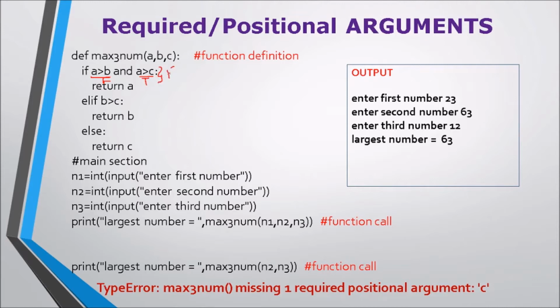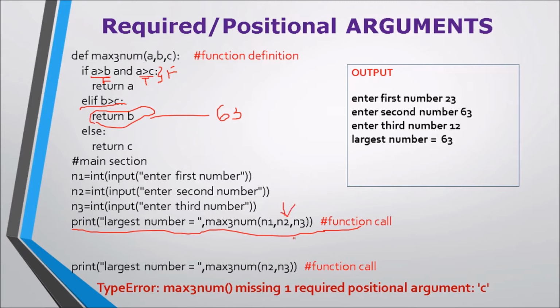So this statement is not executed. The control comes to this statement. Now it checks whether B is greater than C, that is, 63 is greater than 12. Yes, so it returns B. So the value of B is 63. So we get our final answer as 63 when this particular statement is executed and this function call appears.